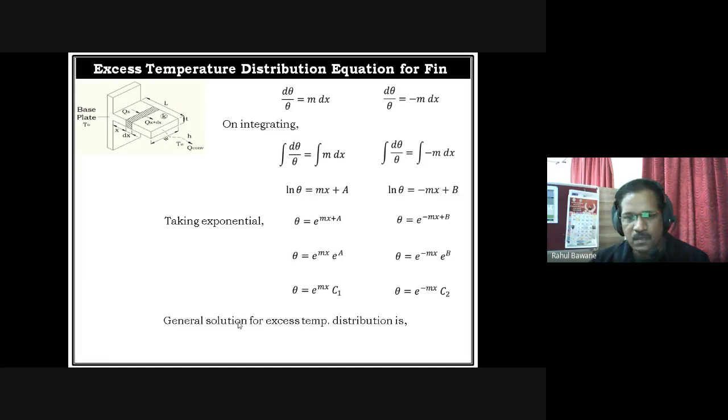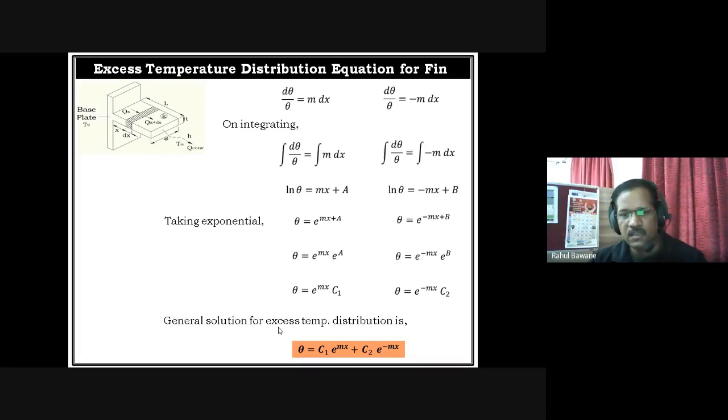Now the general solution of the excess temperature distribution equation. As I said, firstly we split, then now we are going to merge and form a general solution. So our general solution will be theta, the excess temperature, is C1 e raised to the power mx plus C2 e raised to the power minus mx.